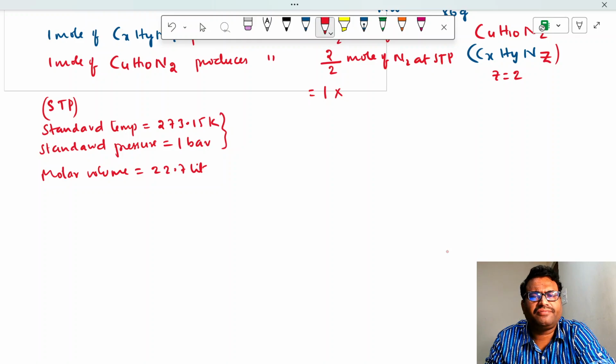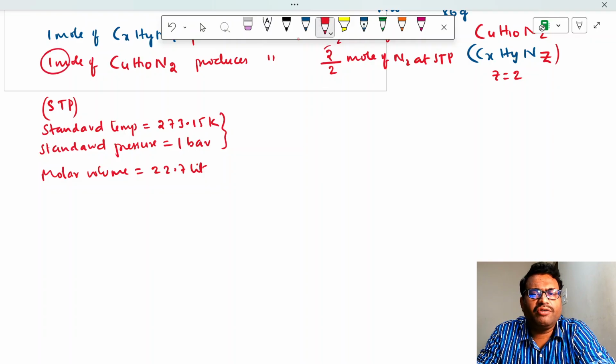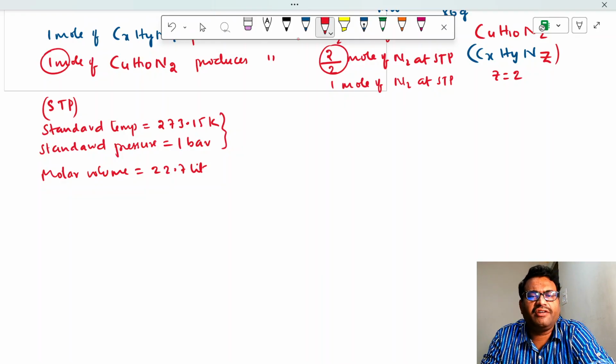Okay. So now 1 mole of this is producing 1 mole of nitrogen at STP. But how many moles of C4H10N2 are given?